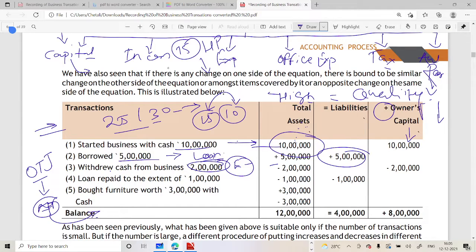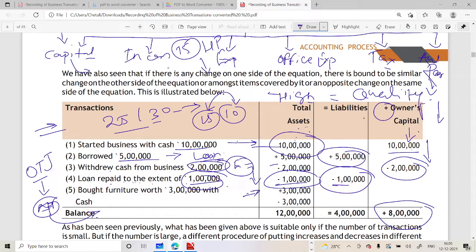We withdraw the funds from that particular account, so it will debit from that fund account and credit in your account, because you want to utilize those funds for your own purpose or maybe for a business purpose. This withdrawal will be minus from your capital. Then loan repaid to the extent of this, so you have paid some of the loan, it's again a liability that you have paid.